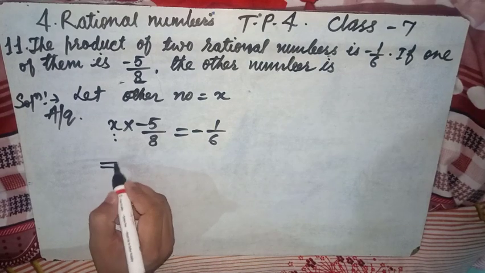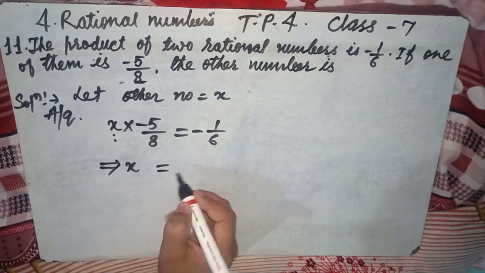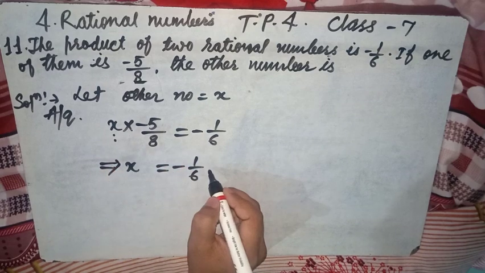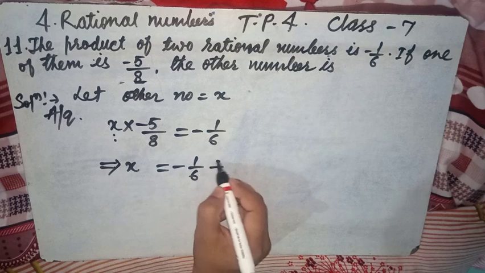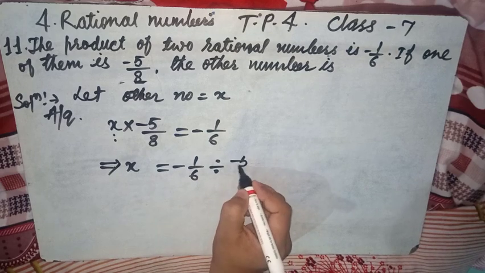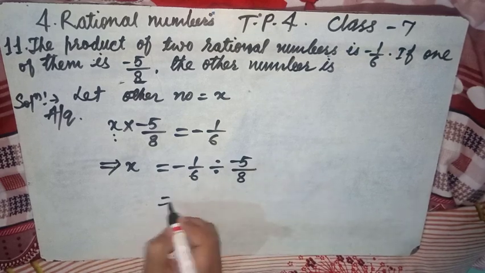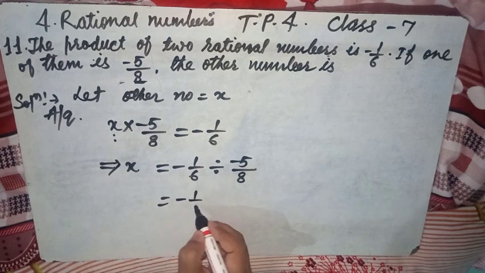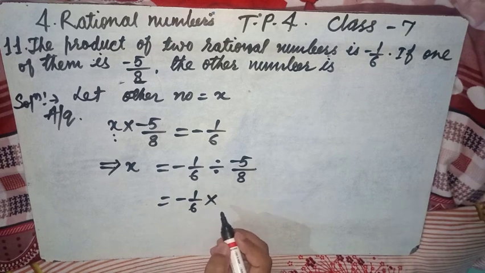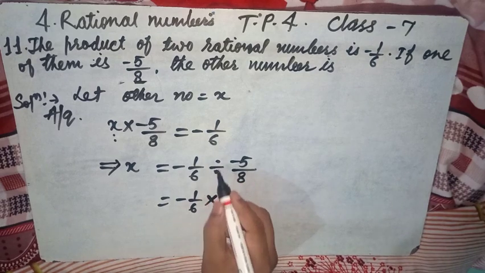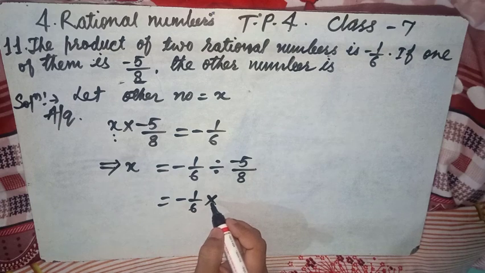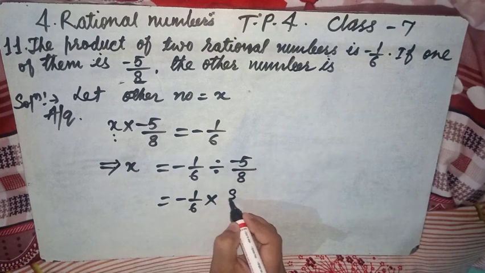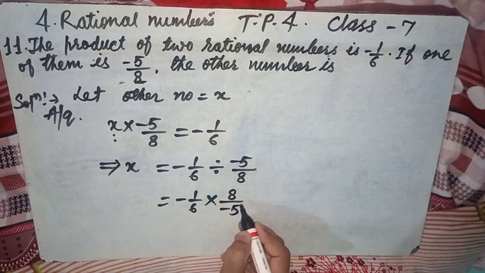Here x as it is, because we have to find the value of x. This is minus 1 by 6 and this is multiplied, so it becomes minus 1 by 6 divided by minus 5 by 8. Now minus 1 by 6 can be written as, yes, change the sign, because this is the reciprocal of multiplication. If we change to the reciprocal, that means we have to find the reciprocal of this rational number, that is 8 upon minus 5.